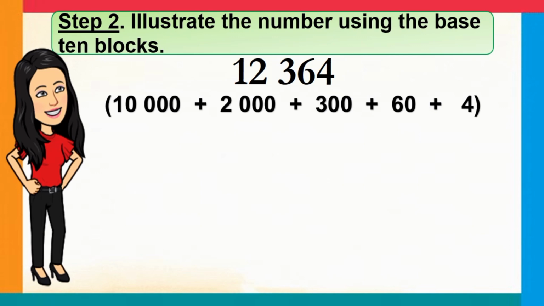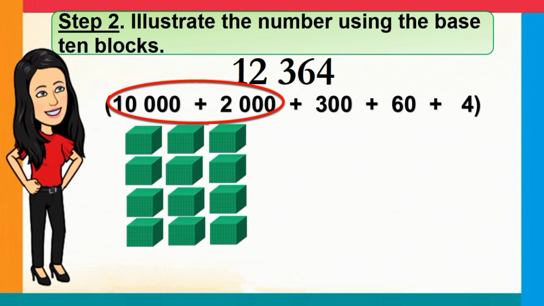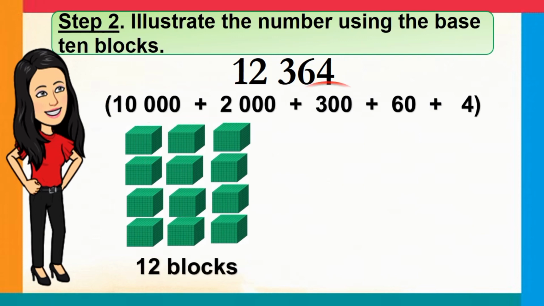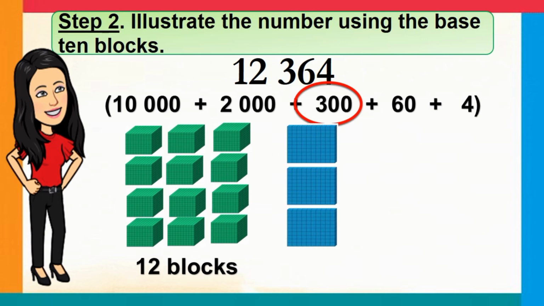How many blocks are we going to use to represent 12,000? Yes, there are 12 blocks to represent 12,000. Next, how many flats are we going to use to represent 300? Correct. There are 3 flats to represent 300. How many longs are we going to use to represent 60? Very good.